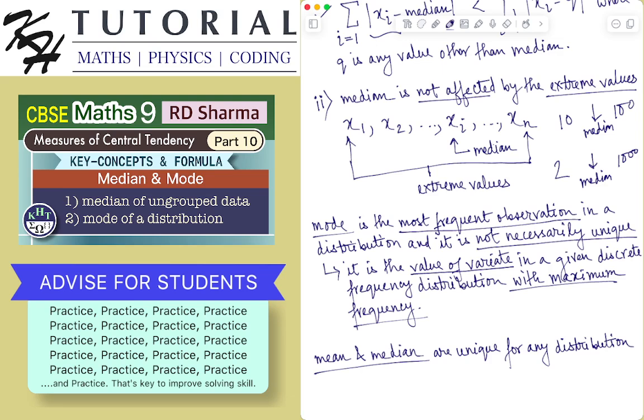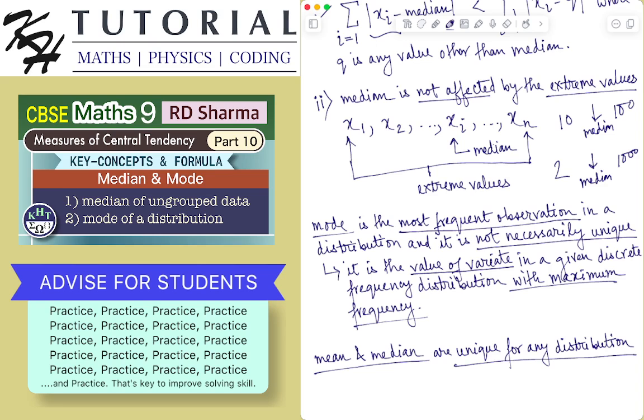There could be multiple modes for a given distribution, whereas mean and median are unique for any distribution. If you are given any distribution, raw data, or even any grouped or discrete frequency distribution, the median and mean will be one single unique value.